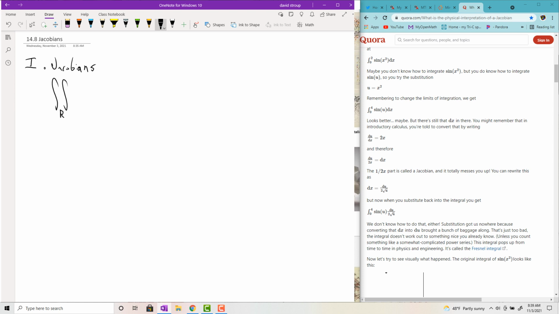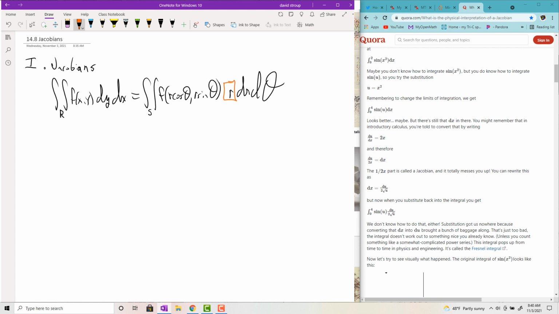If you have some integral over some region of f of x comma y dy dx, you could do a polar conversion and get a new integral over a new region of f of r cosine theta comma r sine theta, and then r dr d theta, right? That r factor right here is a Jacobian, and that's what we're trying to find.